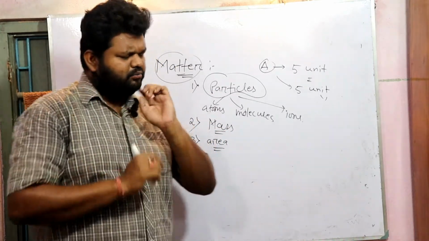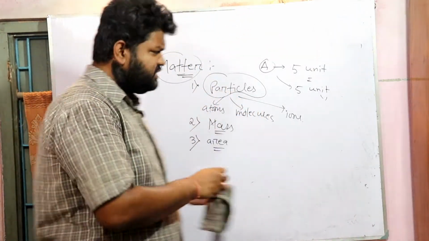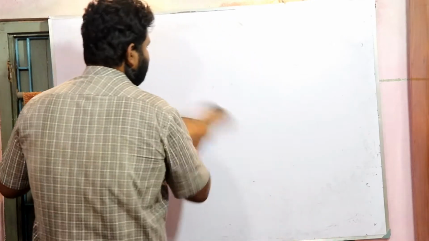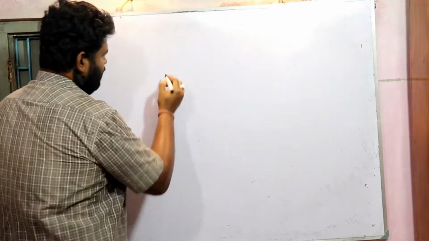Okay, so now what are the main characteristics of matter? The main 3 characteristics of any matter are, number 1, write it down.